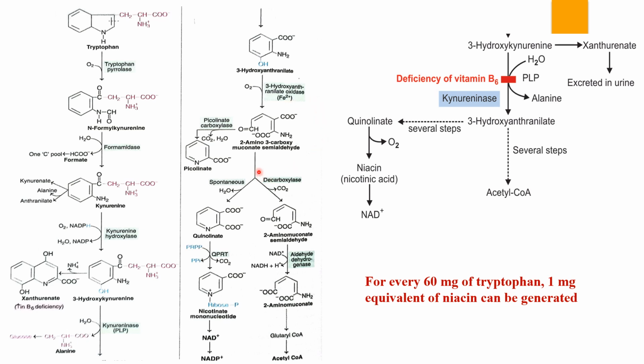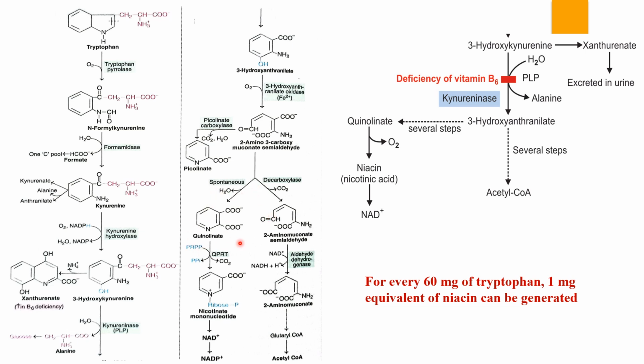converts into 2-amino 3-carboxymuconate semialdehyde, which further by the enzyme picolinate carboxylase converts into picolinate. So 2-amino 3-carboxymuconate semialdehyde can be spontaneously converted into the quinolinate nucleus with the loss of a water molecule.